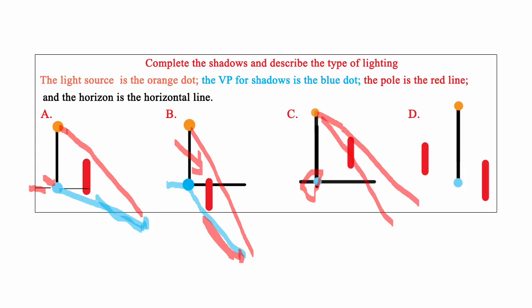In this case, I'll just choose a shadow direction like here, for example, and where the light meets the shadow line would be the shadow. The final one is artificial light because the vanishing point for the shadows is on the ground. You just send shadow lines through the bottoms of these poles and light rays through the top to find the ends of the shadows.